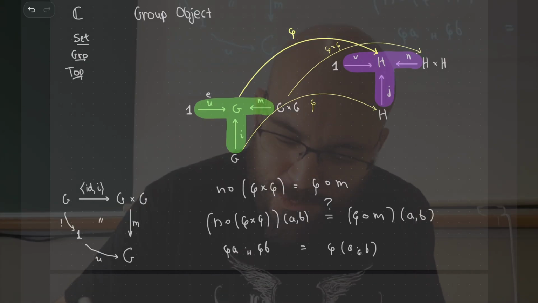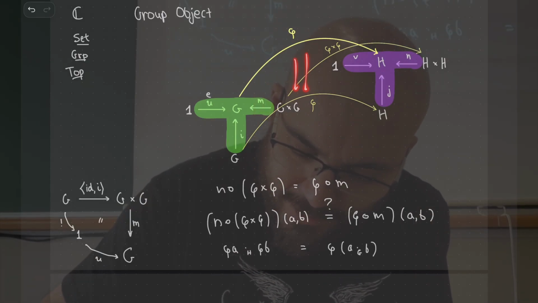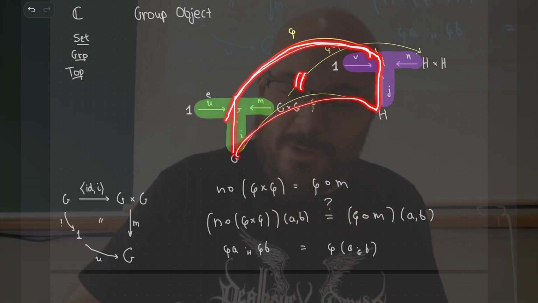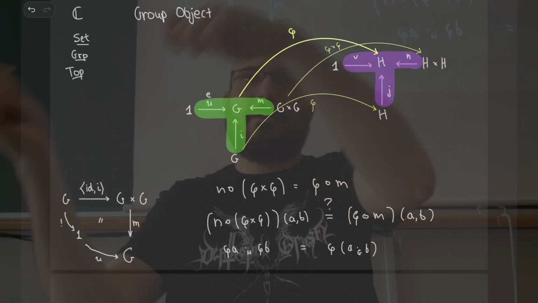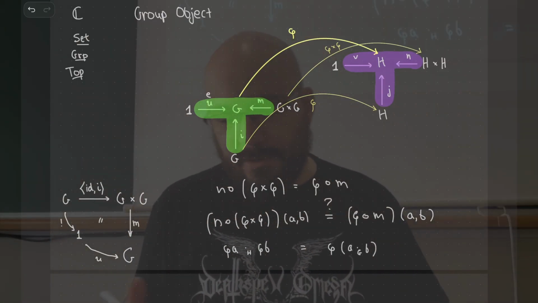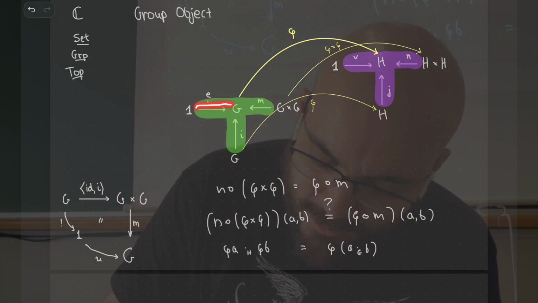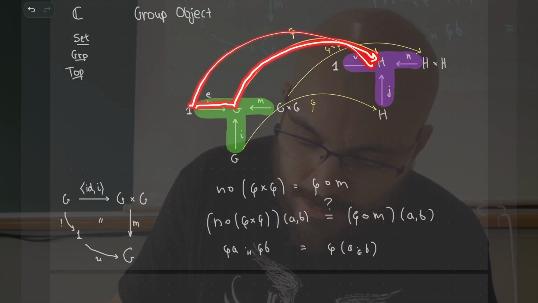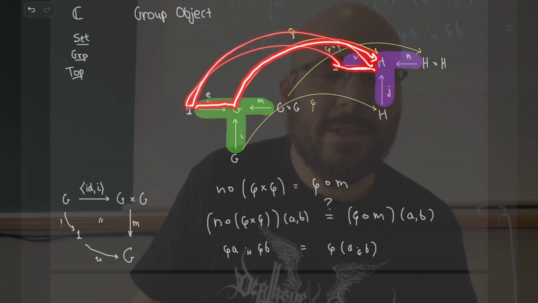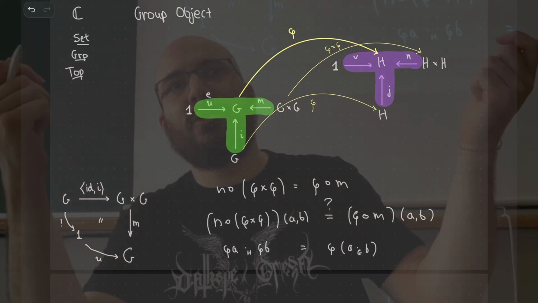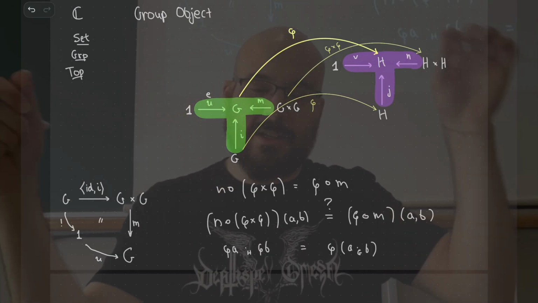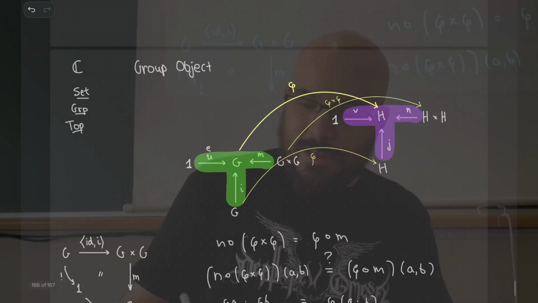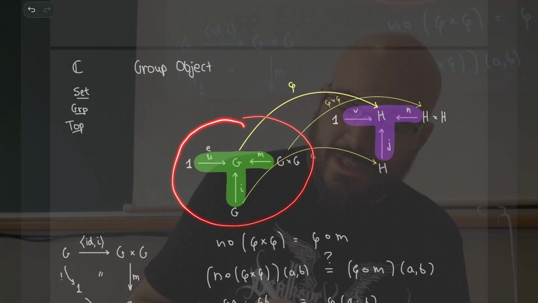If you see the other commutativity, this is easier to imagine in this way, you don't need a lot of 3D here. This commutativity corresponds to the fact that phi respects the inverses, and this commutativity, from 1 you go to H, or directly from 1 you stay at 1 and then you go to H, corresponds to respecting the identity element.